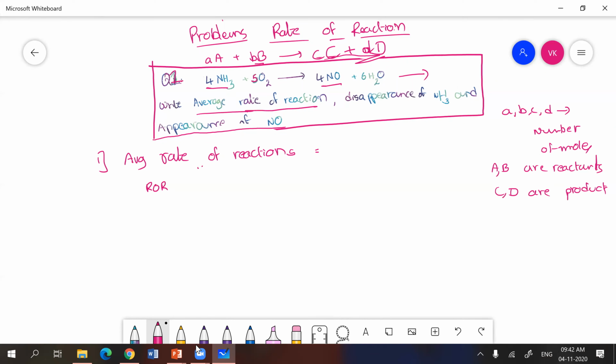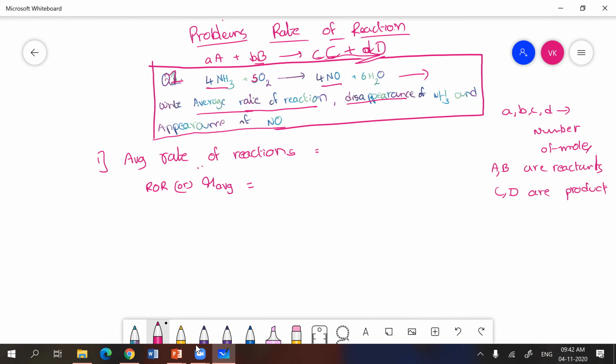The rate of reaction, or average rate of reaction, is as follows. Whenever we talk about reactants, their concentration decreases when the reaction starts. That means they undergo disappearance.